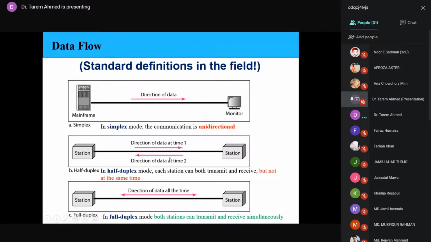Half duplex means it is bidirectional, but not simultaneously. This is an example of a walkie-talkie. Are people aware of a walkie-talkie? Yes. Is anyone not aware of a walkie-talkie? It has an over and out button, right? When you press that button, it will transmit from you to the other end.